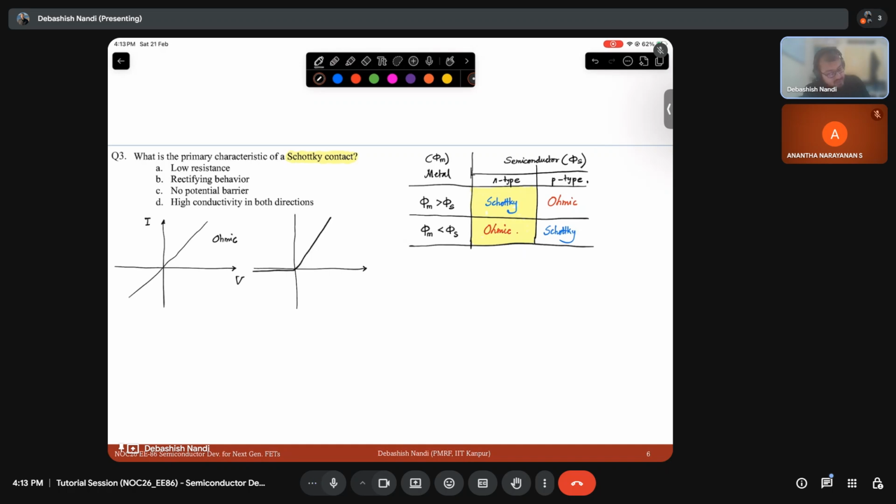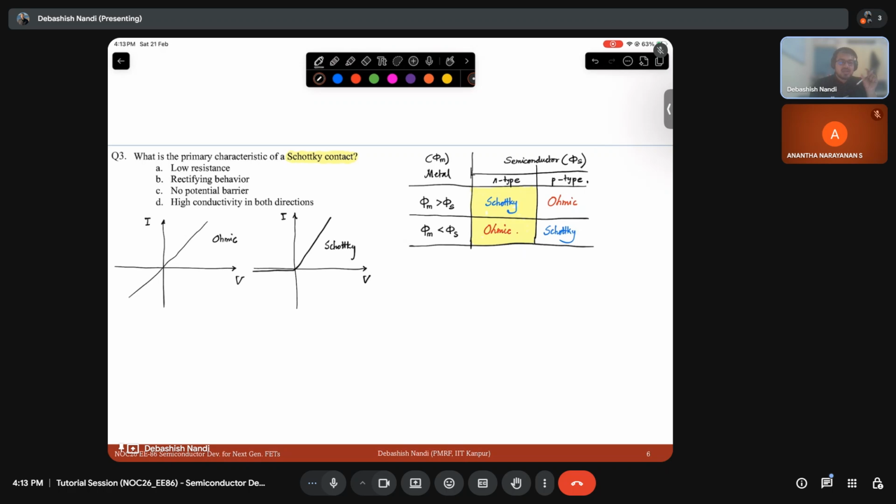This is Schottky. Ohmic contacts let the current flow from both sides, meaning reversible current flow is allowed.